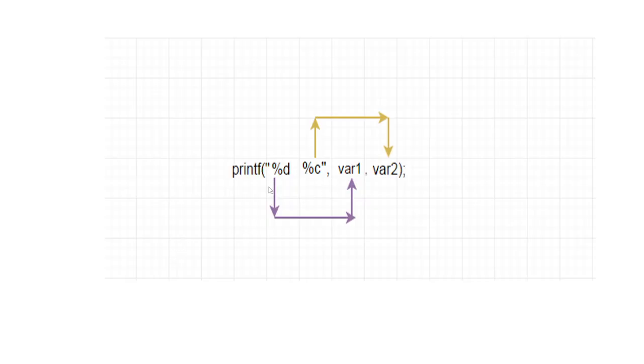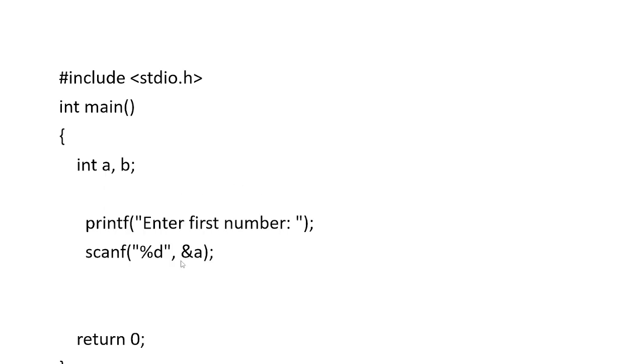And what is scanf? Scanf is for taking inputs. Here again, scanf %d in the double quotes. Outside the double quotes, we have to give a comma, and we have the ampersand sign, ampersand of a. A is a variable. We can use another variable b.